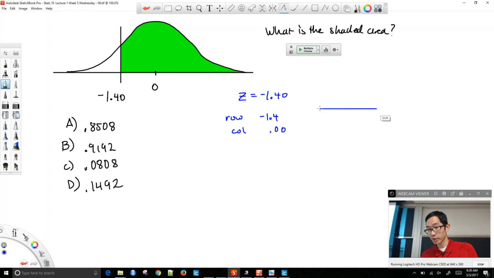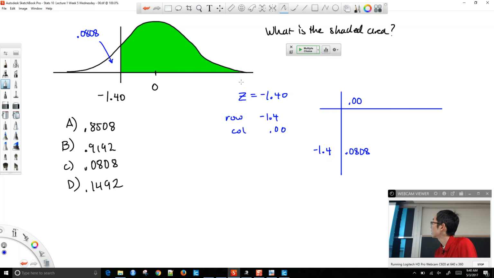So we go to our table. We have to go to the negative side, to negative 1.4 and the column 0.00, and the number I see there is 0.0808. That is the area to the left of negative 1.40.